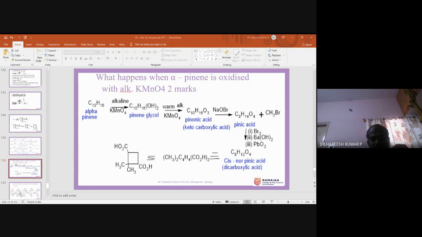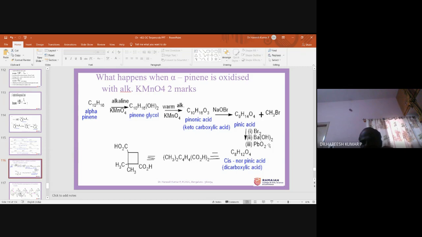So this is about cyclobutane: dimethyl cyclobutane dicarboxylic acid is the product when alpha pinene is treated with alkaline KMnO4.